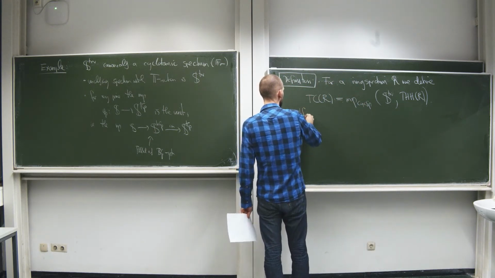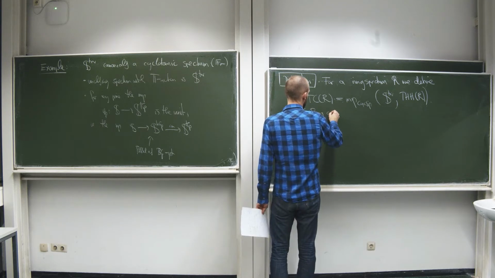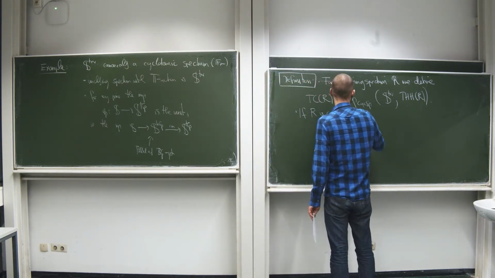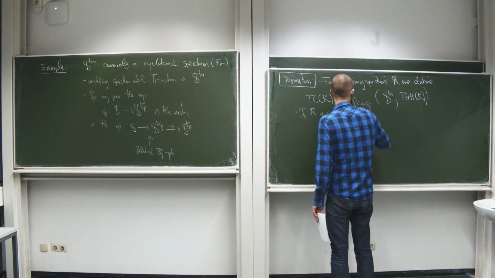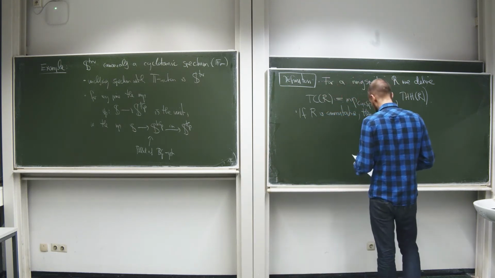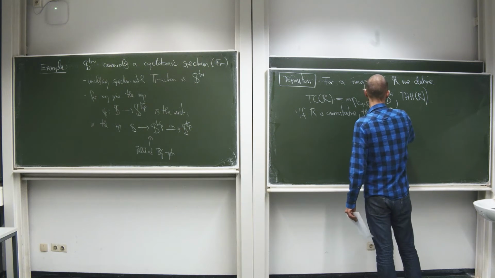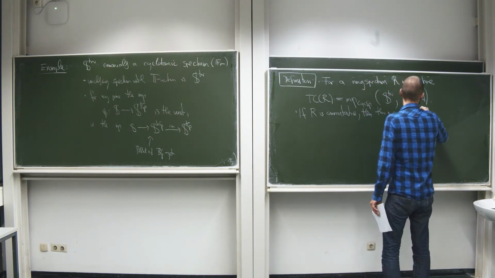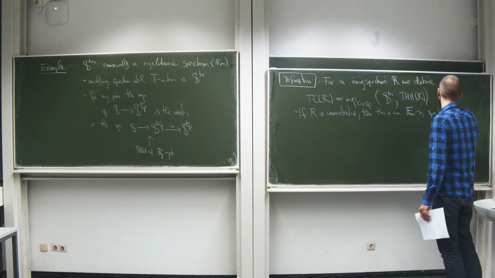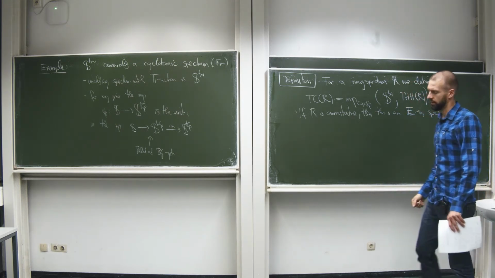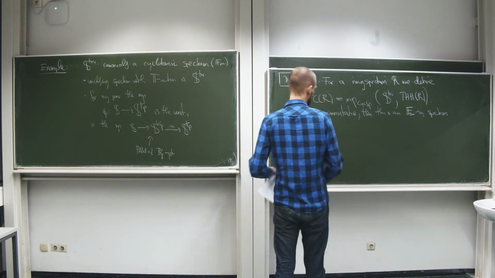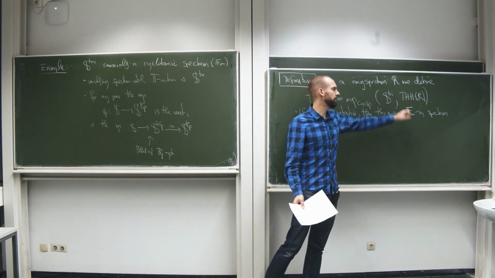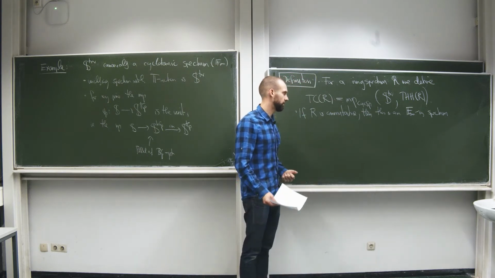So if R is commutative, then this is in fact an E infinity ring spectrum. That's just generally true if you have a symmetric monoidal stable infinity category. Mapping out of the unit is a lax symmetric monoidal functor.